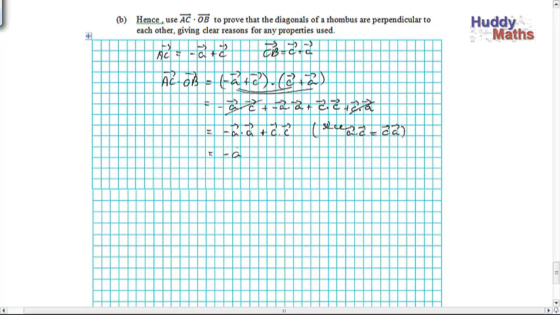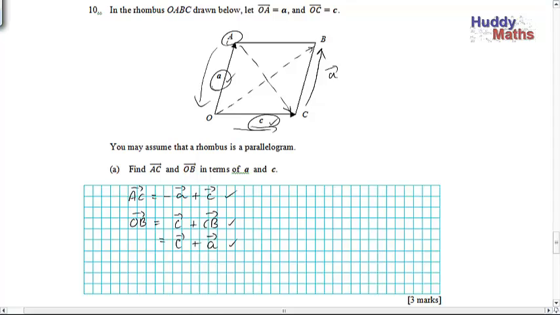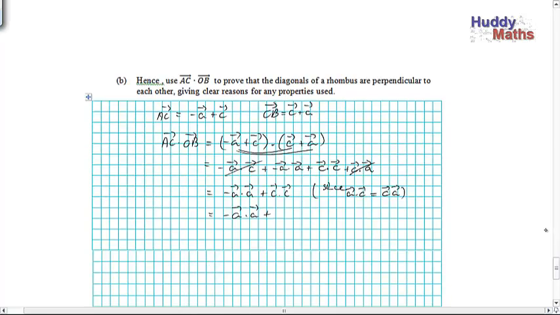Negative A dot A plus C dot C. Let's go back up the page again and just check this out. Now this is a rhombus, so what can we say? The length of A and the length of C are the same. So let's have a look here, A dot A and C dot C. Let's do it a little bit differently.